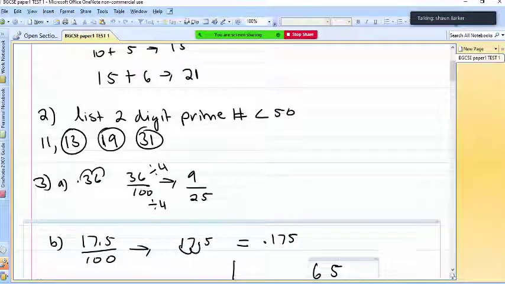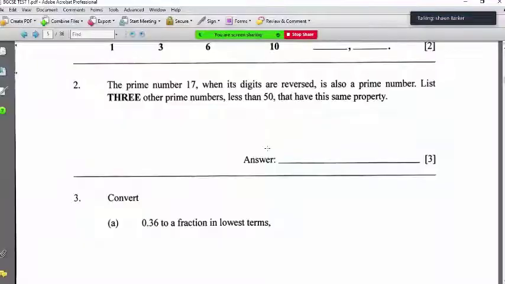But the question now becomes, when the digits are reversed, are they also prime? So that's the key part that you always have to think about in your mind: if I reverse the digits, are those numbers prime also?